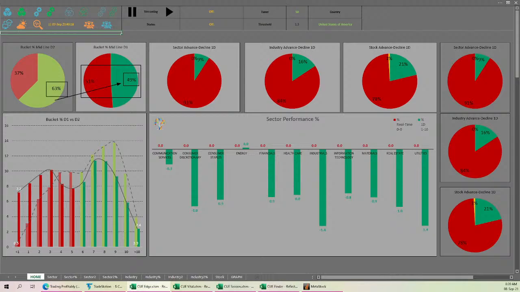The bucket histogram below that compares the distribution of stocks across 12 buckets, and the buckets are equidistant buckets of the Bollinger Bands. This distribution histogram is useful for extreme level alerts.